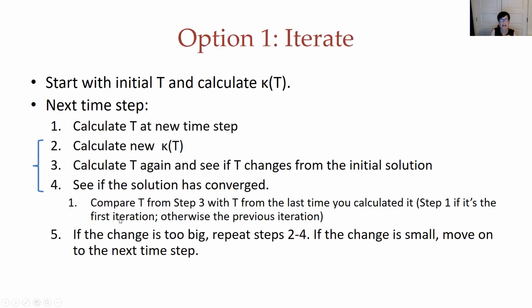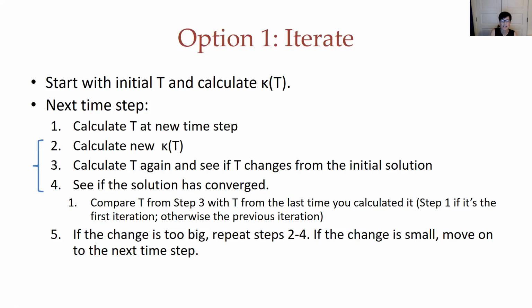If it's the first time through, you compare it with step 1. If you've already gotten into the iterations, then you just keep running through here and you compare this temperature with the previous iteration. And that's what this marks: if the change is too big, you just repeat steps 2 through 4 until the change is small, that is, less than the tolerance, and then you're good.